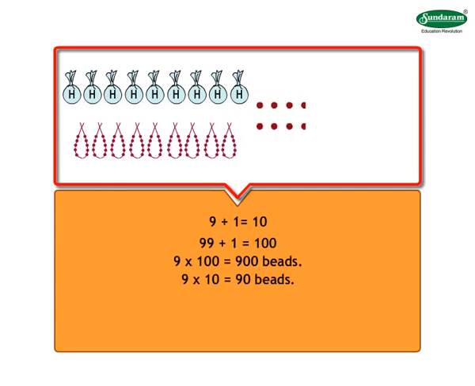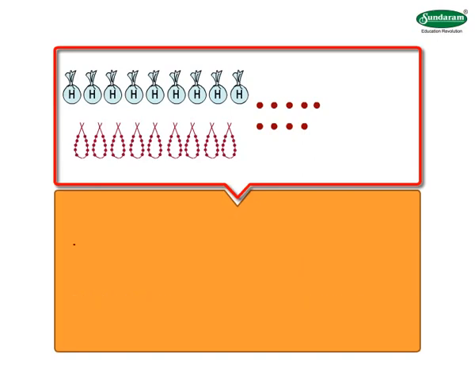And there are loose 9 beads. Therefore, the total number of beads in all is equal to 900 plus 90 plus 9, which is equal to 999. Now, if we add one more bead to 999 beads, we will get 1000.